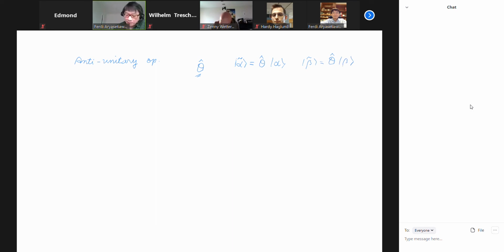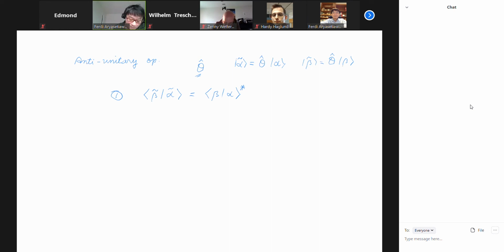By anti-unitary, we mean that the overlap between the tilde states alpha tilde and beta tilde is not equal to just the overlap between the states beta and alpha, like what you have if you have a unitary operator, but rather is a complex conjugate. It's defined like that. So this is property number one, if you like.